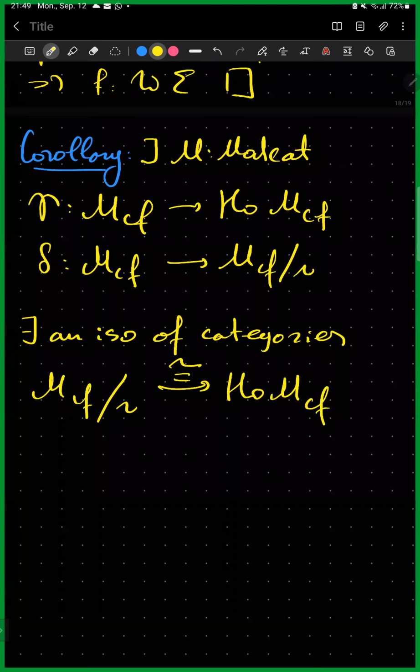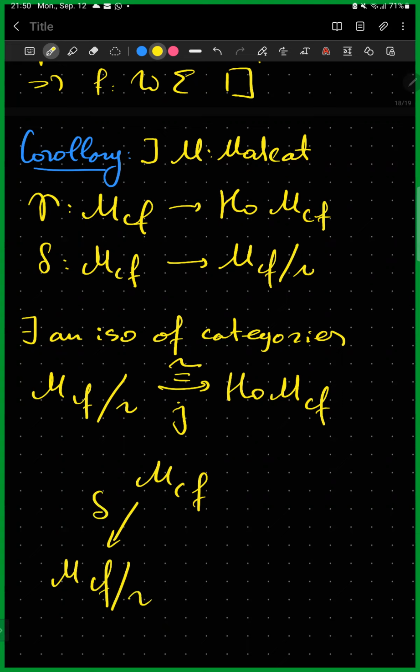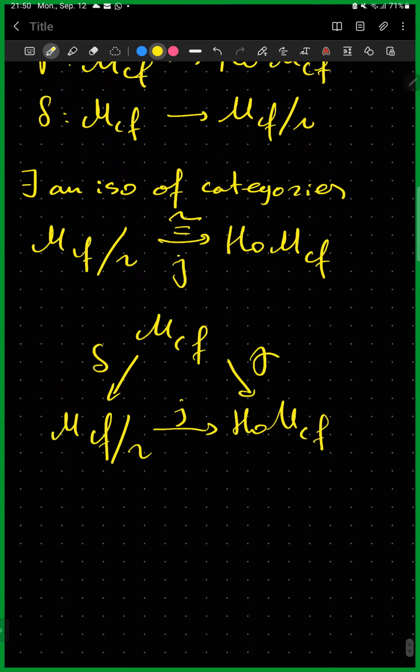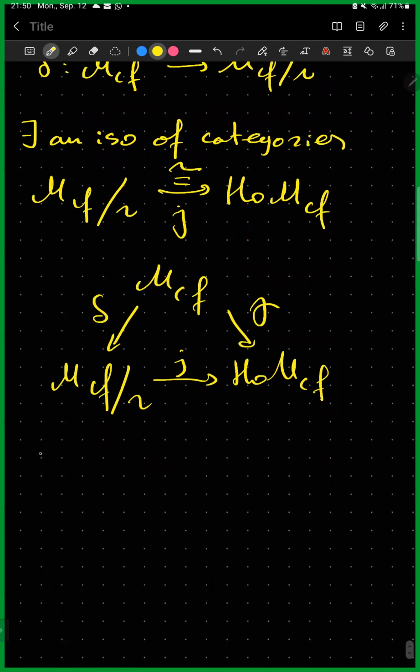It's an isomorphism of categories J, which makes the triangle diagram commute. And J is identical on objects.